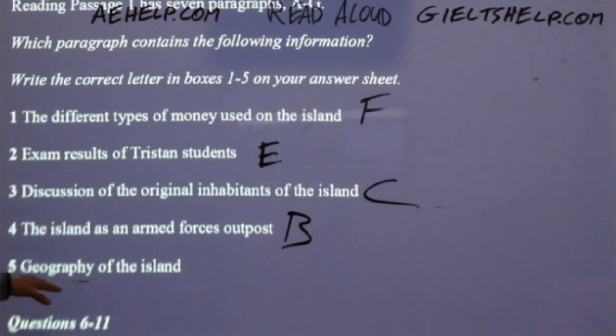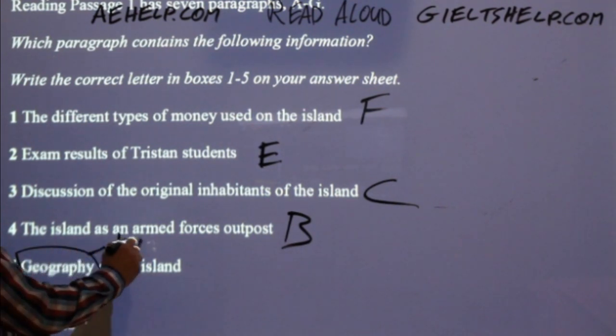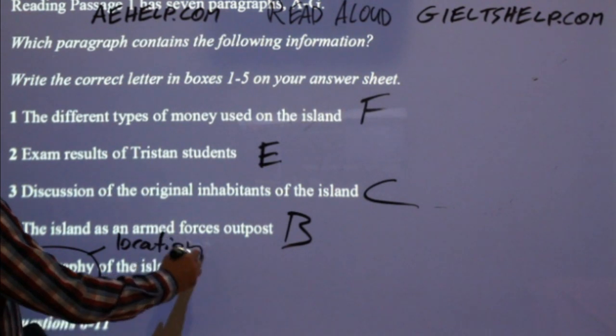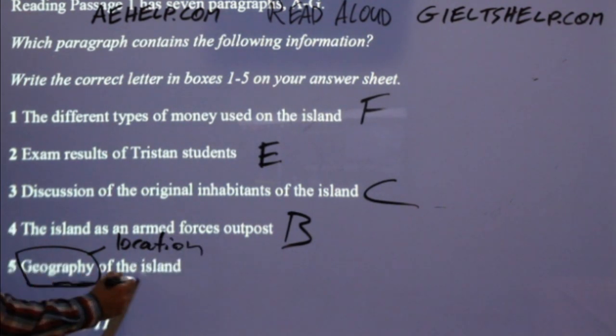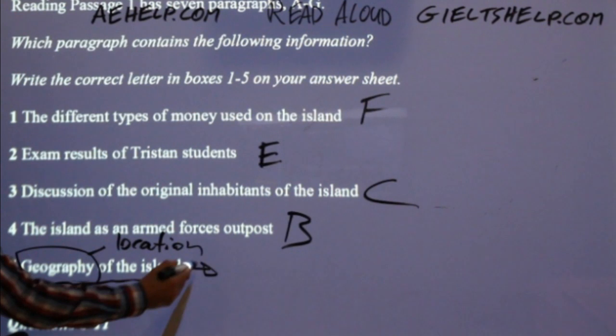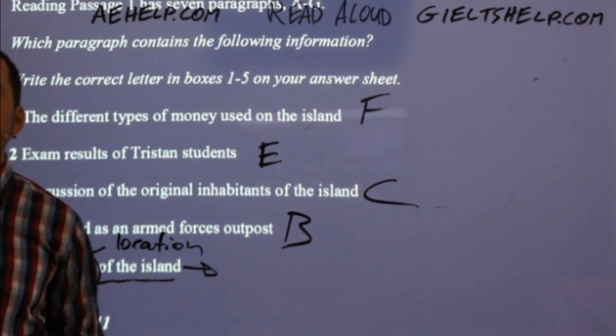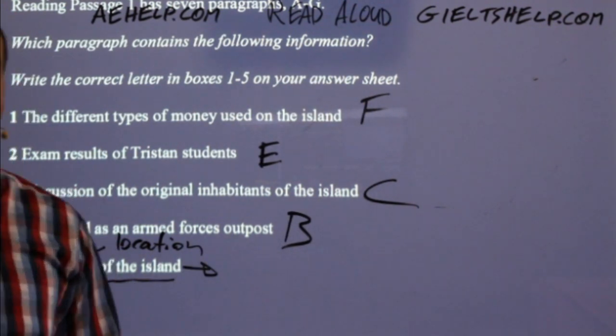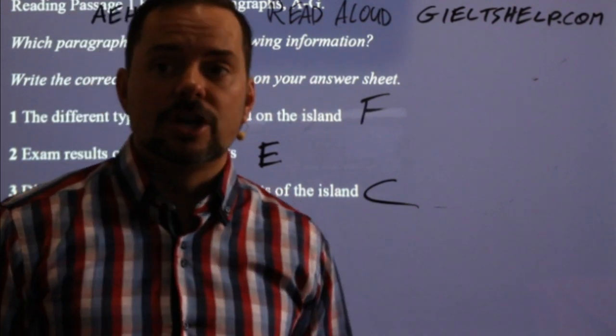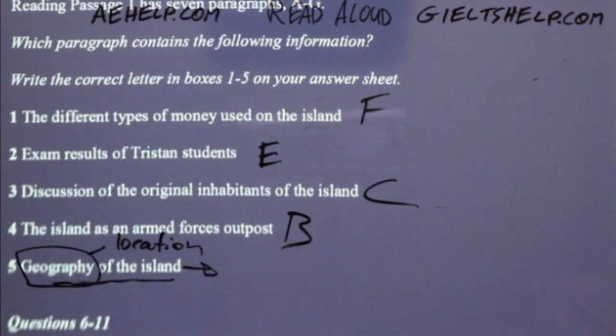Okay, geography of the island. This one's going to be fairly simple. Geography means the location, what it looks like. When you're the author, where would you discuss the location of the island? So again, this is where you can use your logic. And Hassan says, use logic for your reading passage. The title is Tristan da Cunha, an island of remote curiosity.